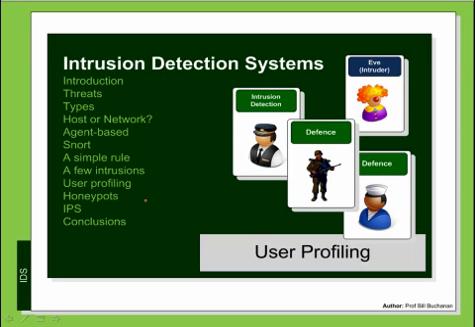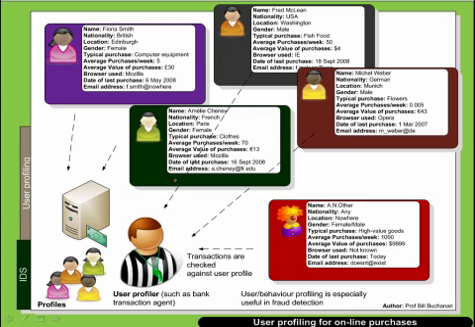Snort is useful for picking up standard signature based attacks, but there are some methods which are useful in detecting more human based attacks, such as in fraud detection. One method which has obviously some moral and social issues is user profiling.